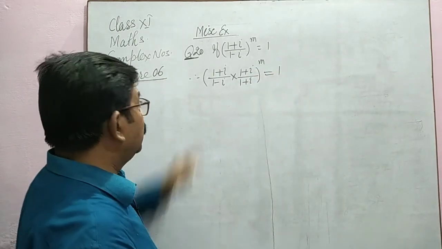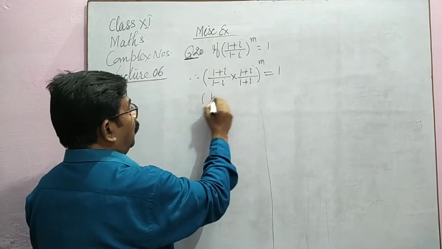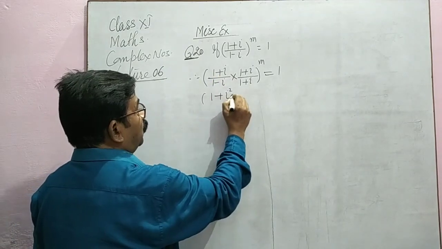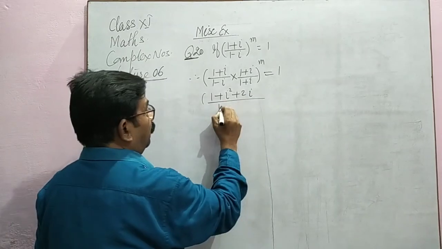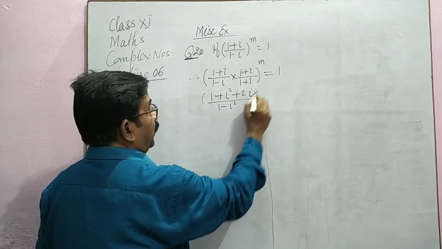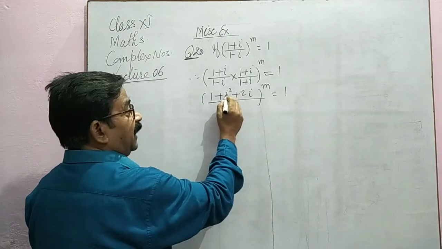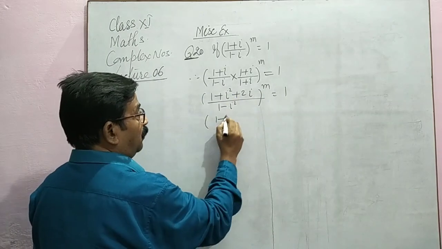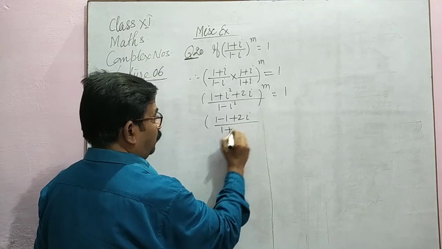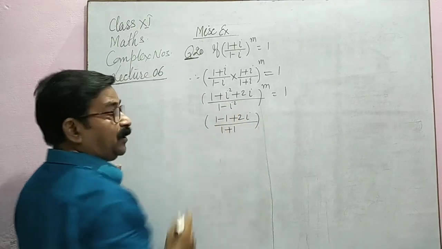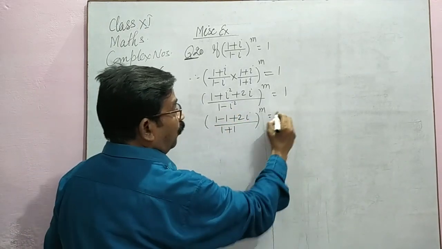Now multiply the numerator: we have 1 plus i square plus 2i. In the denominator we have 1 minus i square, the whole to the power m is equal to 1. Since i square is equal to minus 1, we get 1 minus 1 plus 2i upon 1 plus 1.